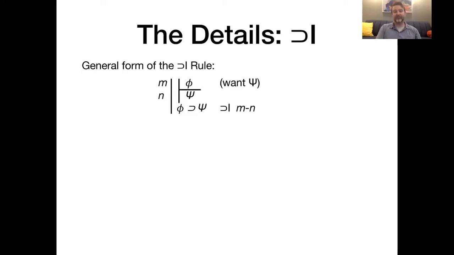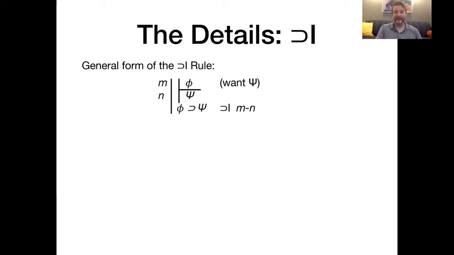Okay, so the general form of the rule is as follows. So again, remember we use M and N to stand for unknown numbers. So these are variables for premise or step numbers. So how we use this rule is that at M, we assume our sentence that is the antecedent of the conditional that we want to demonstrate.